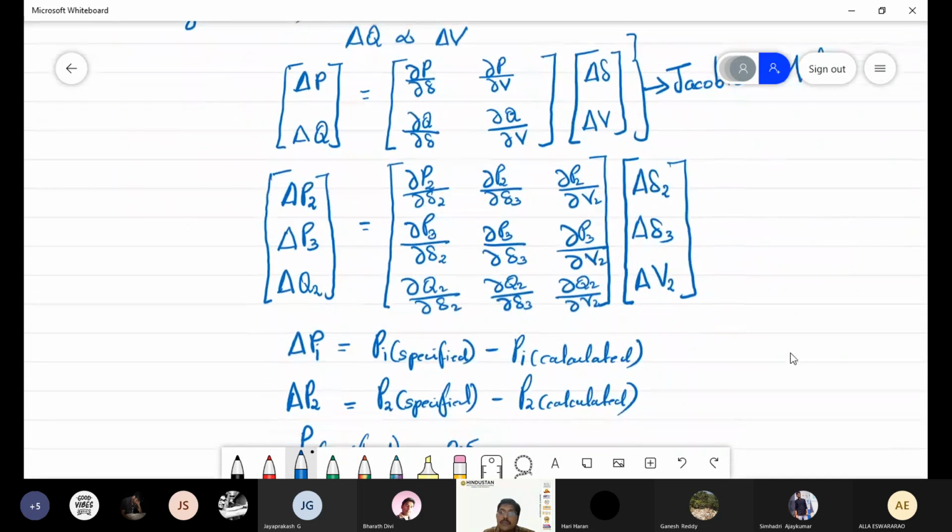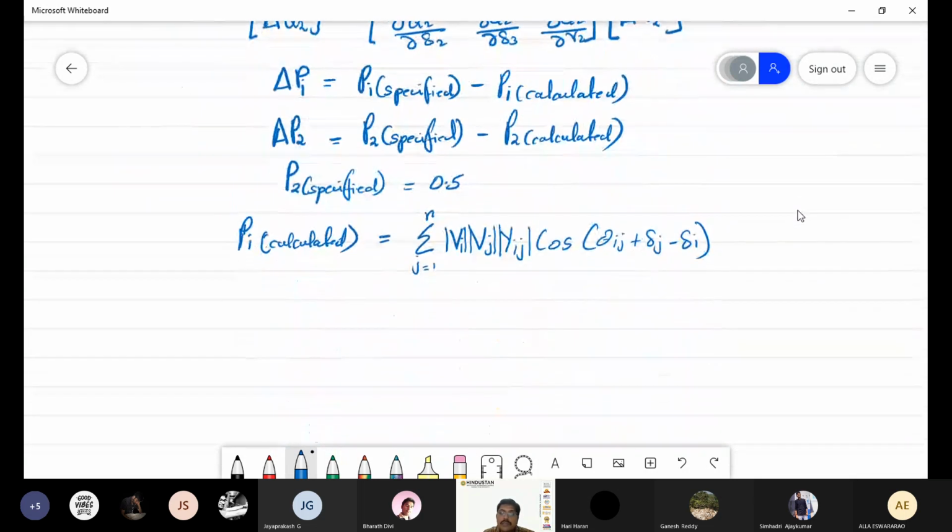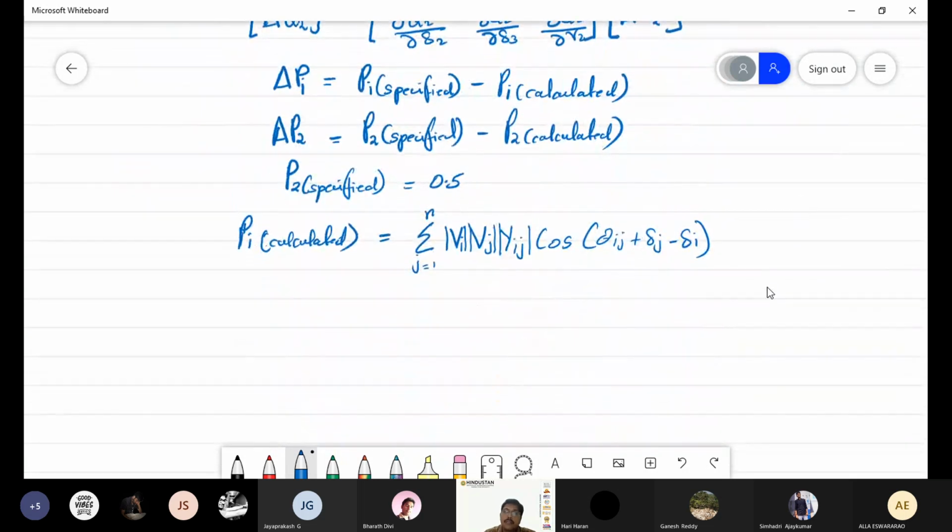Now we are going to substitute and expand that formula. The formula is nothing new to you; it is the real power formula, the same thing, otherwise we can write it as V square into Z or V square into Y into cos. So nothing different.